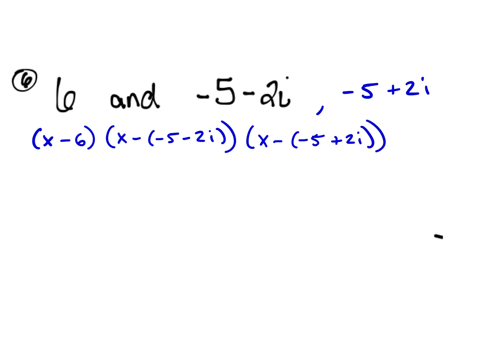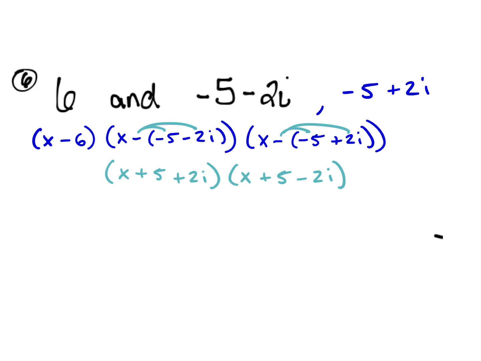Let's distribute the negative here. So this turns into x plus 5 plus 2i, x plus 5 minus 2i. Now from here, we're going to FOIL these together. It's a little bit more than FOILing because we have 3 terms in each of them, so just be careful with the math.